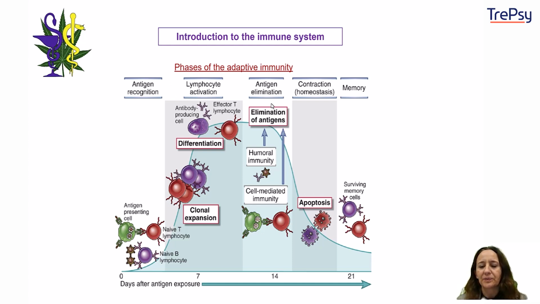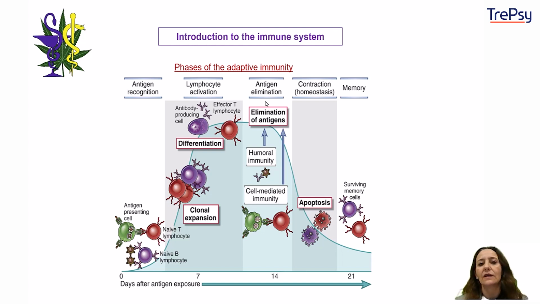Then the elimination of the antigen is very important by the humoral or cell-mediated immunity. And when everything is solved, we can reach the homeostatic phase with the contraction of all the response and the apoptosis of all cells that we don't need anymore, and the well-established surviving memory cells in the last phase.